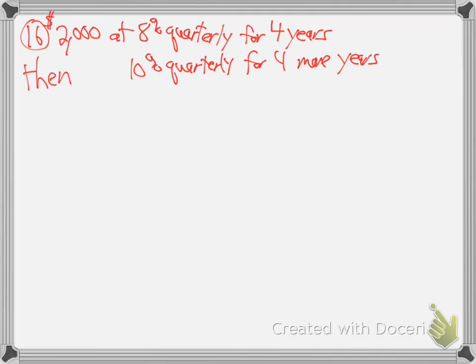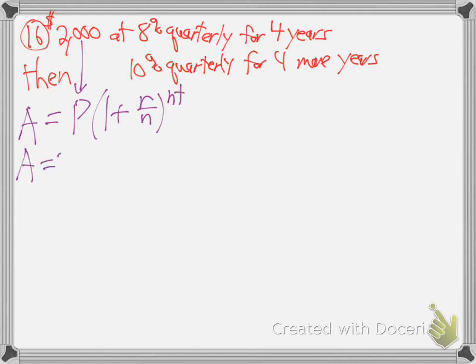Okay, so basically we're doing the formula twice. So we're going to do the A, P, 1 plus R over N to the NT. So put in the 2,000 first off. And then 1 plus R, 8%, 0.08, over N. Now what's N? Quarterly means N is 4.